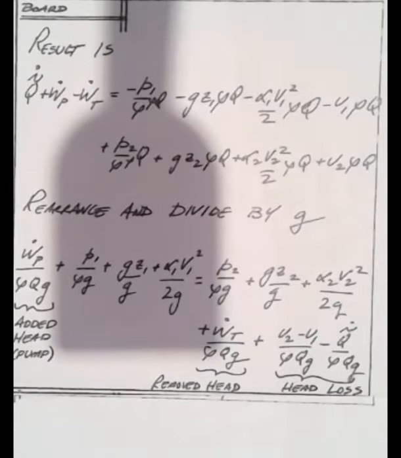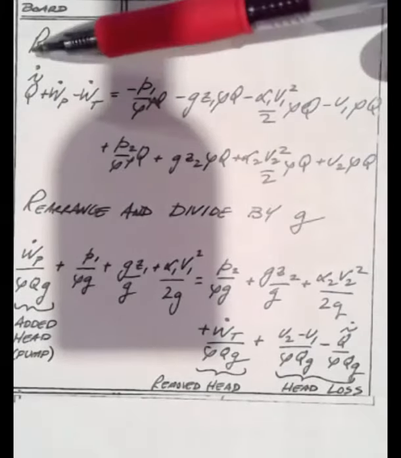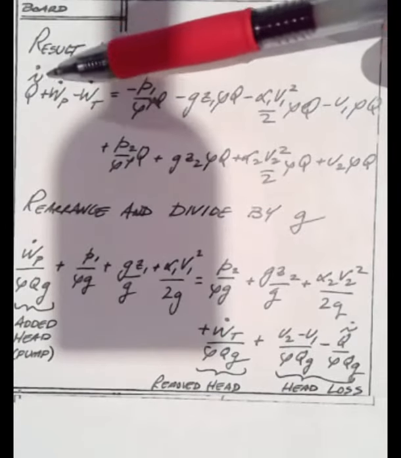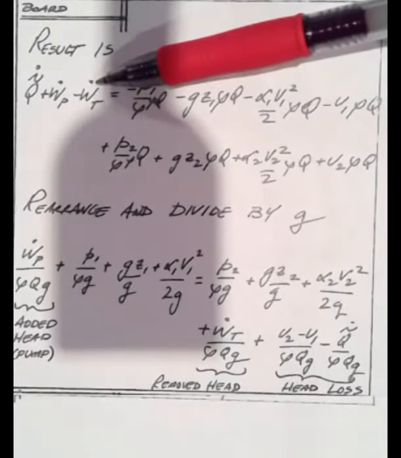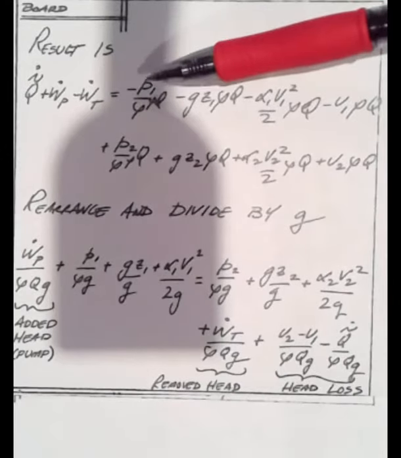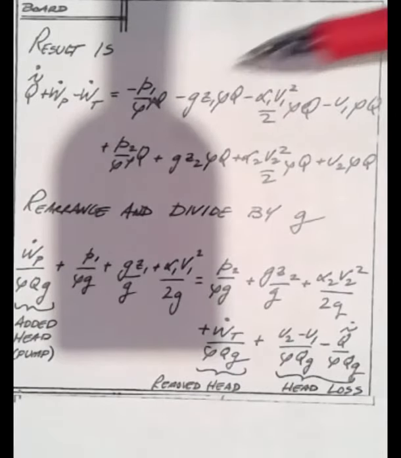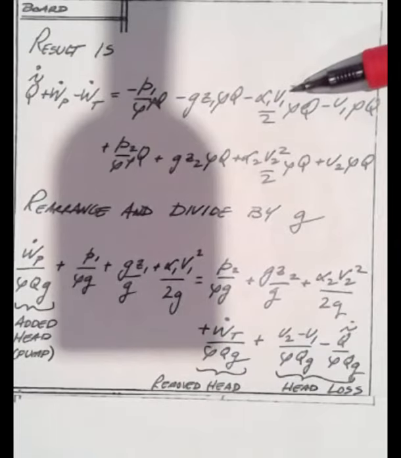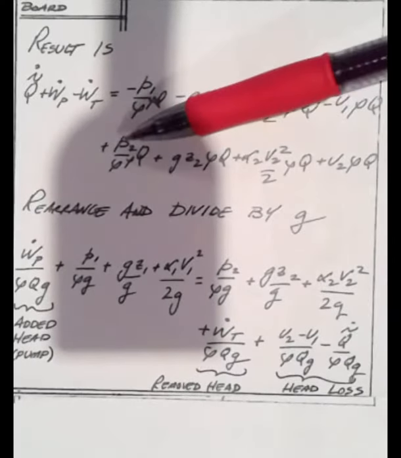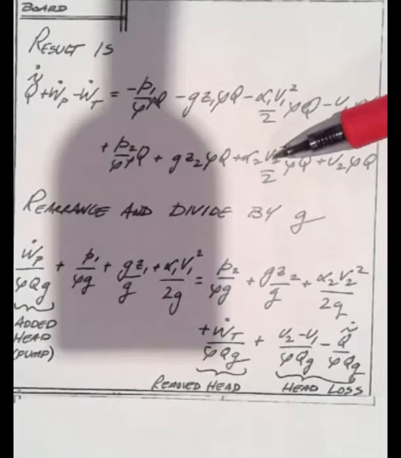Okay, so the result of all that is the following. First, we're going to divide everything by g and rearrange the equation. So here's the first result: heat flux in, pump work in, turbine work out, equals minus P1, minus gZ1, minus V1 squared, minus U1, plus P2, plus Z2, plus V2 squared, plus U2, with the various flow terms. We'll rearrange and divide by g.